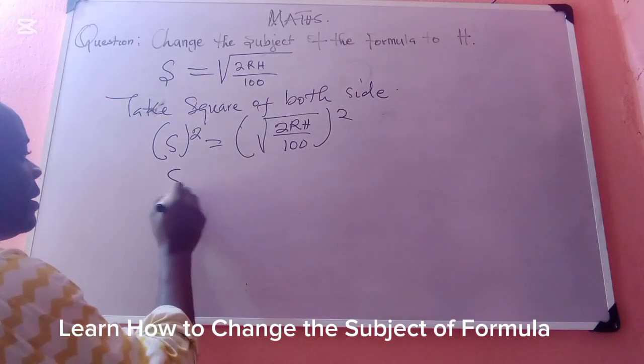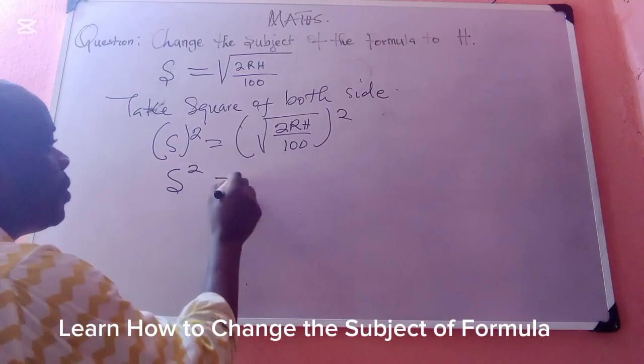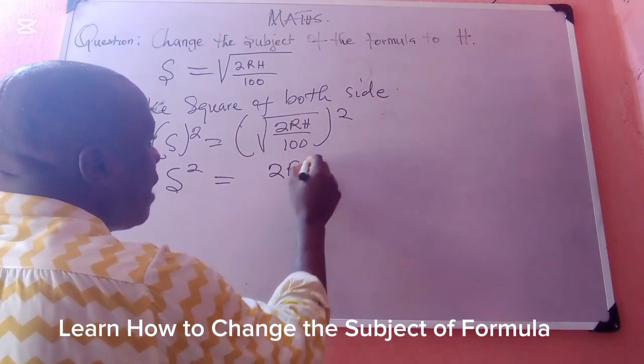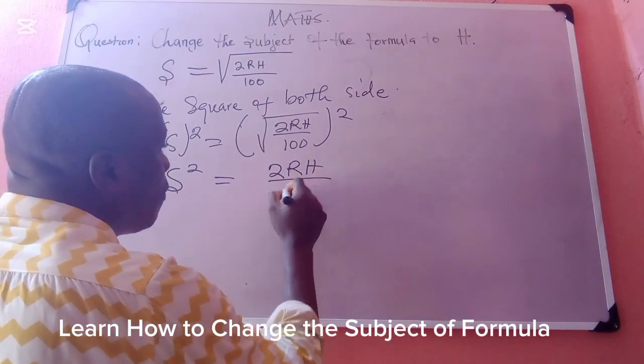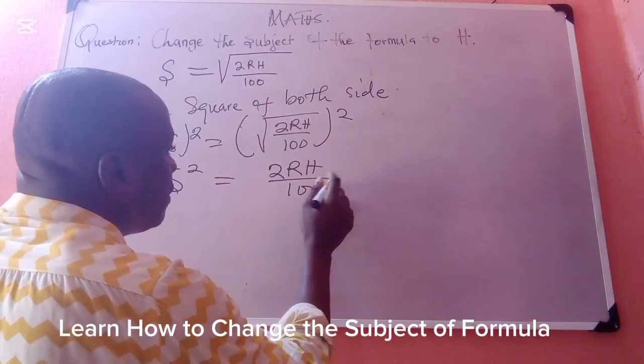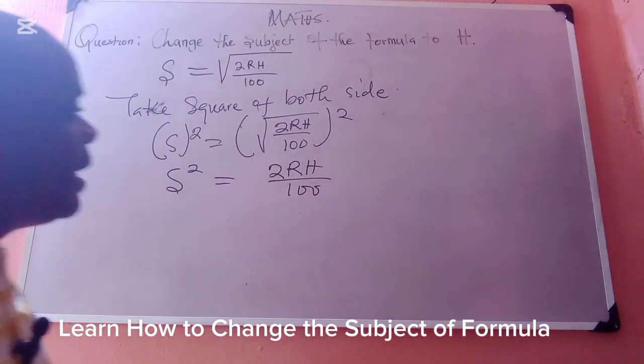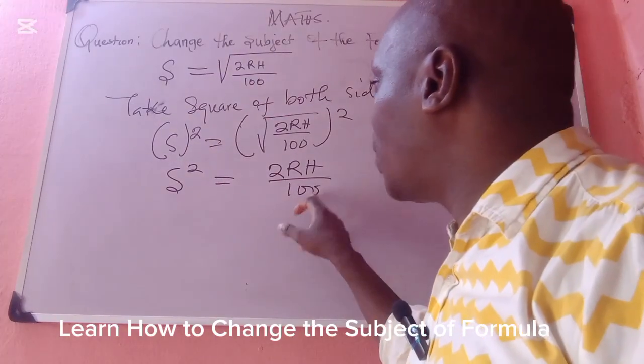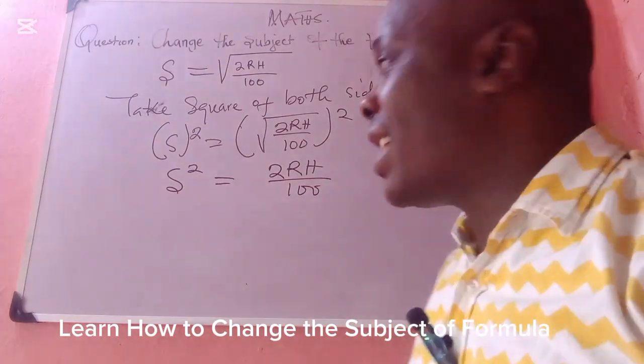So we now have S raised to power 2 equals 2H all over 100. The next stage is cross multiplication: multiply this times this to make it a linear equation.